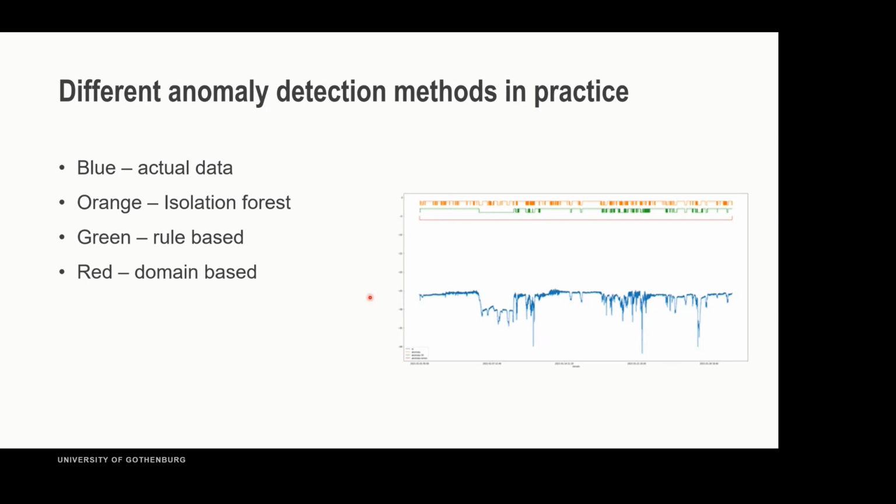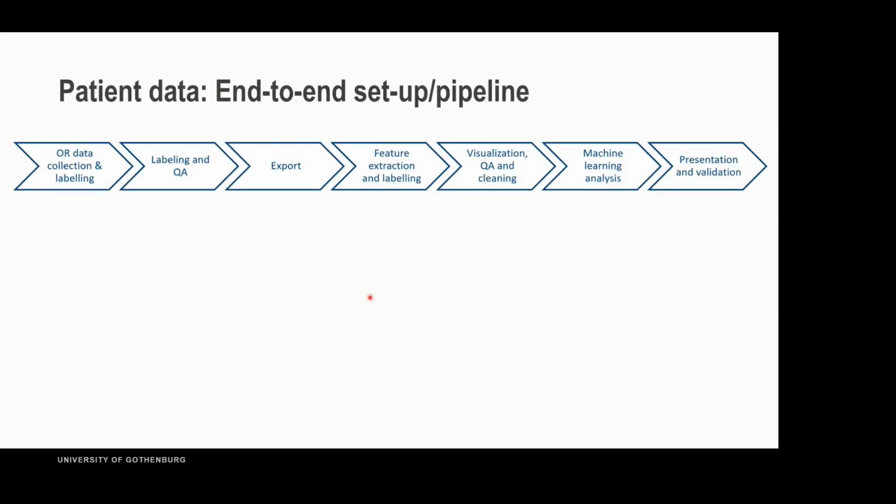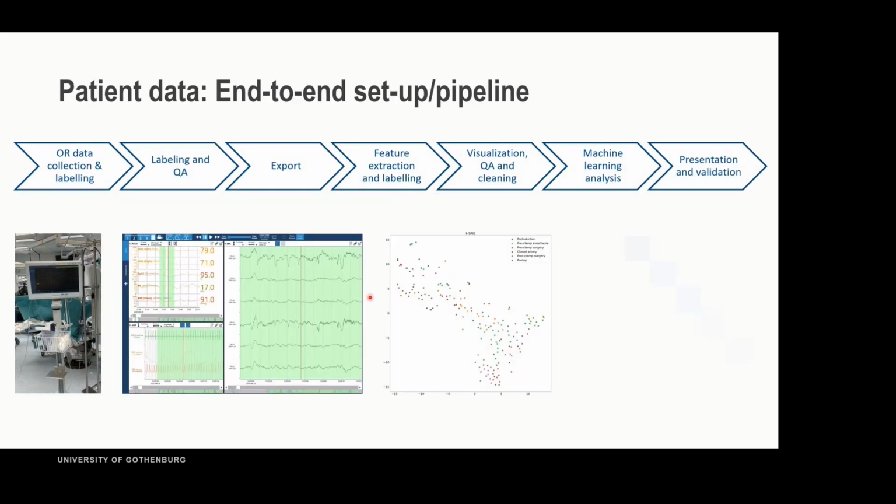So how do we work with that in practice, so to say? Well, one way is what we are doing in our project: we have defined a pipeline which we use both for the patient data and for the microwave data. We are looking at, first of all, collecting the data and labeling it both manually and automatically.